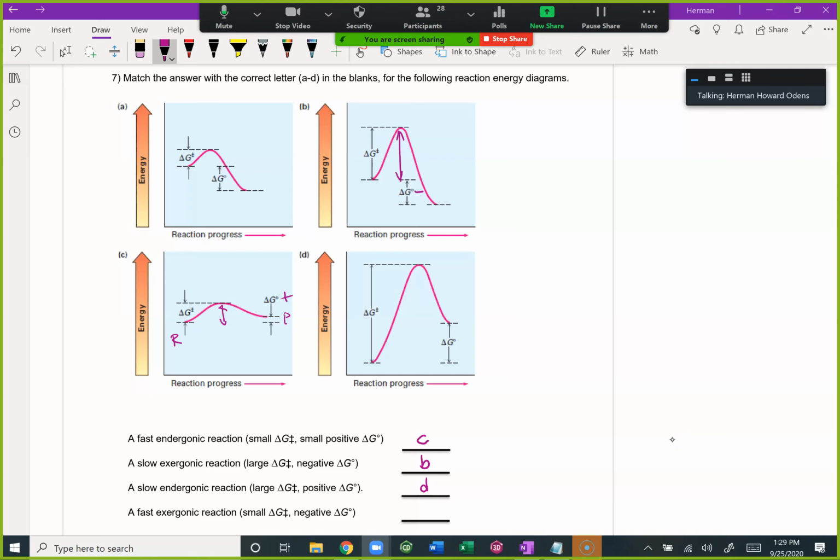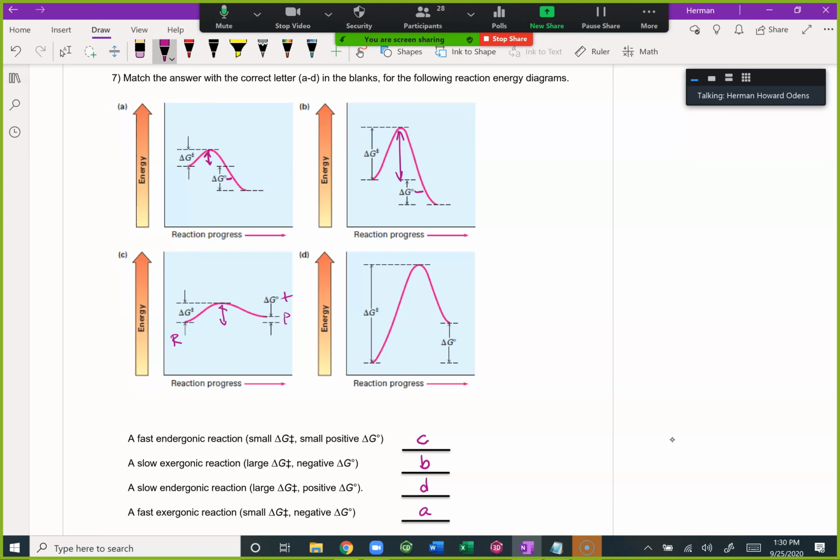The last one is by default, right? A will be a fast exergonic, has a delta G that is negative, is exergonic, and is fast because the activation energy here is small.